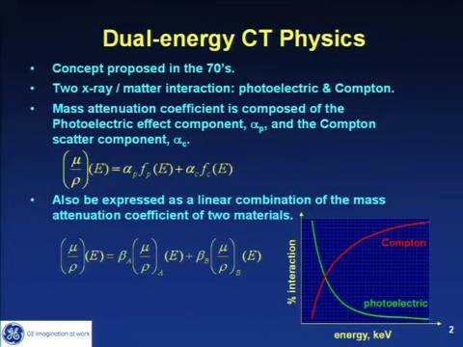And also, if you look at the photoelectric and Compton effect, typically at the lower energies you have predominantly photoelectric effect, and at the higher energies you have Compton effect. This is one reason why in the data collection process, you typically collect at the low kVp range, and then you collect another data set at a high kVp range.